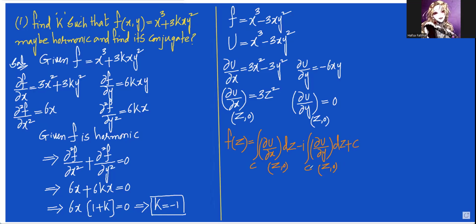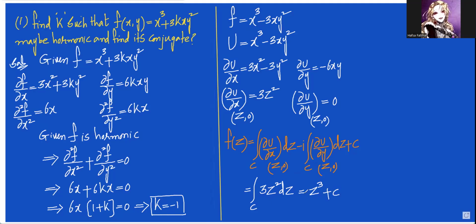Now if you continue this process, this is equal to integral over c of 3z square dz. Now this part will be 0 because i into 0 is 0. So finally, if I am integrating this one, 3z square integration is 3z cube by 3. So I can write the answer is z cube only and then constant.